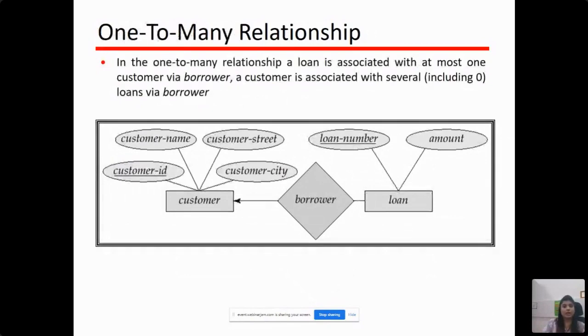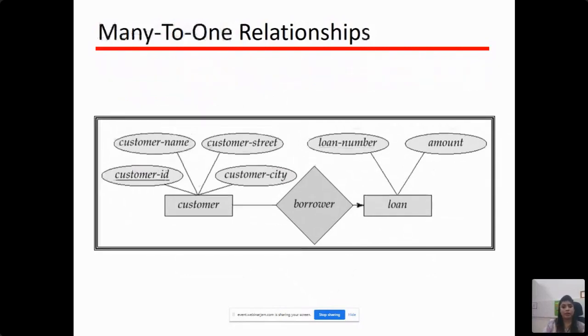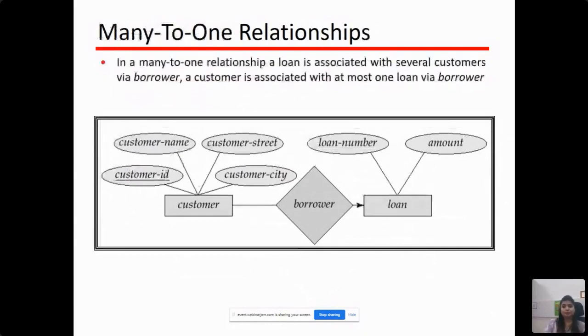But a customer is associated with several loans. One customer has applied for the NRP loan, non-residential property loan. Then the same customer has applied for another loan from the bank. So multiple loans were linked, but one particular loan is linked to only one customer. But in this, if you see that a customer is associated with at the most one loan only via borrower because of the signs which are shown here.